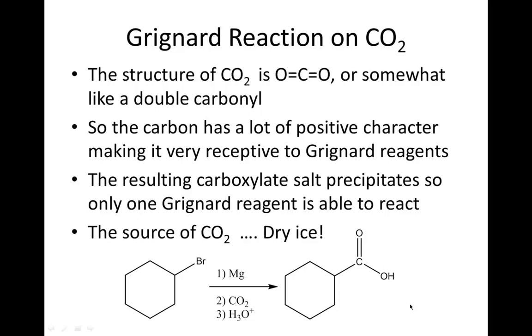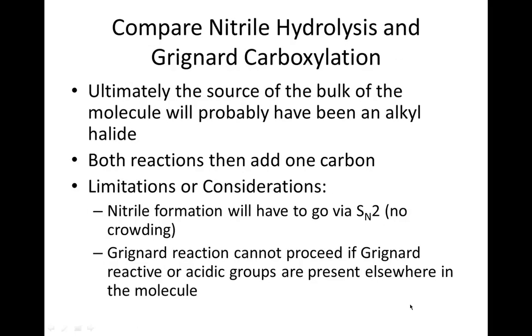Now, if you think about it, both the nitrile reaction to hydrolyze the nitriles to the carboxylic acids, nitriles probably came from an inorganic source. So we've talked about adding HCN, for example, to aldehydes and ketones. We can also make nitriles from SN2 reactions.